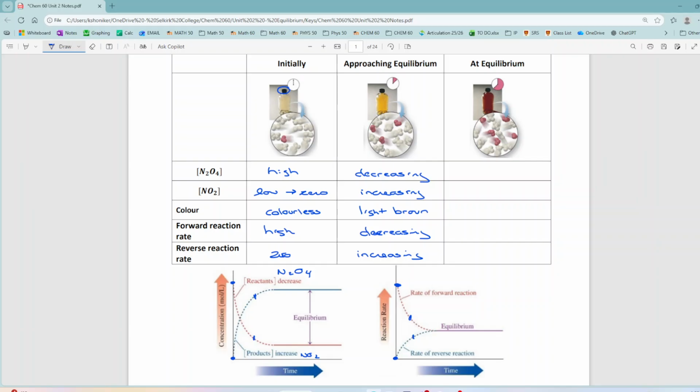At equilibrium, what's going to happen is that your concentration of the dinitrogen tetroxide is all of a sudden going to become constant. It's going to stop changing. The concentration of nitrogen dioxide will also be constant. The color will be a constant brown. And it's a bit darker now, so let's say a constant darker brown.